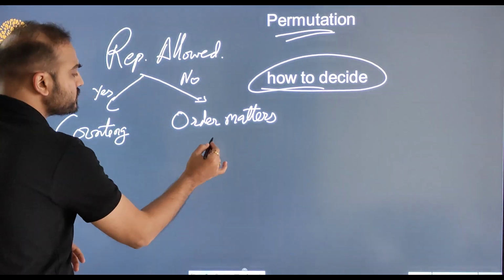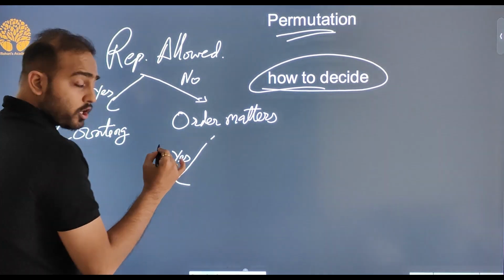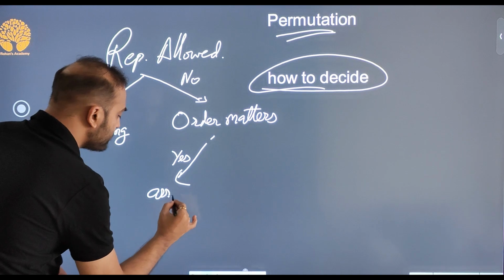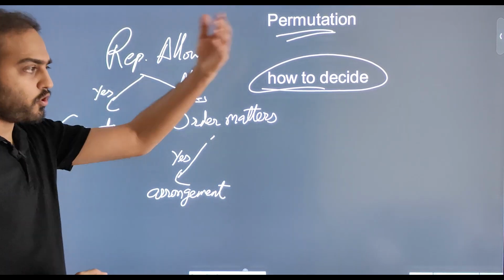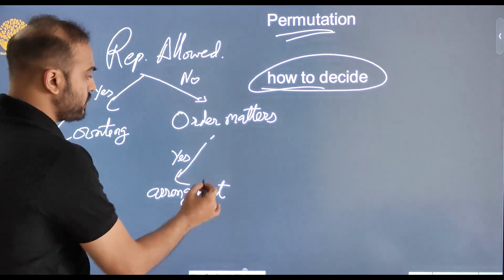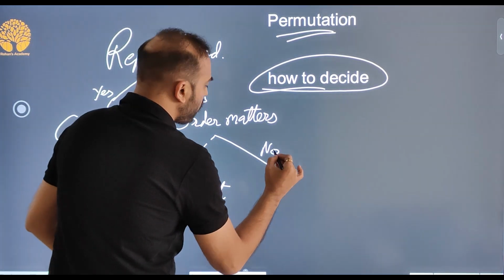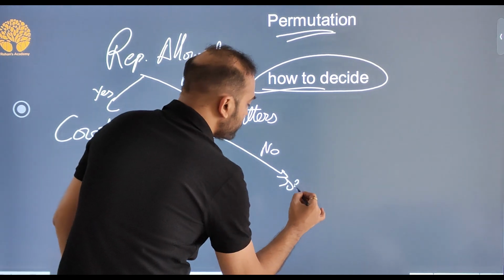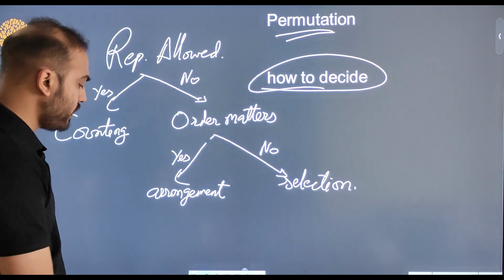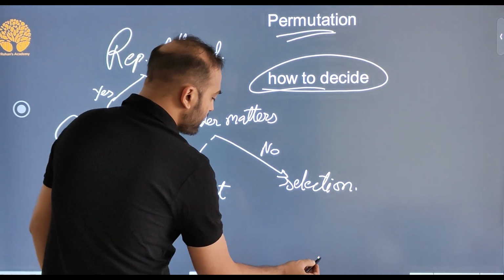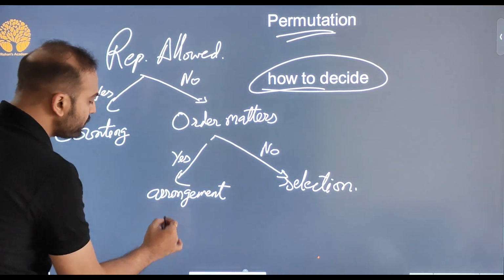If the answer to that is yes, the order matters, then we say the following question is an arrangement question. If the order does not matter, then we say this is a selection question.